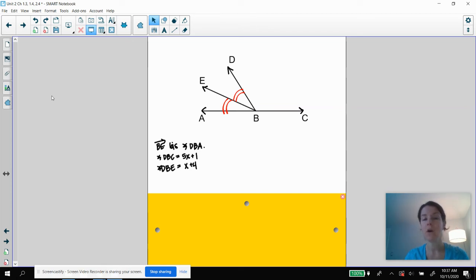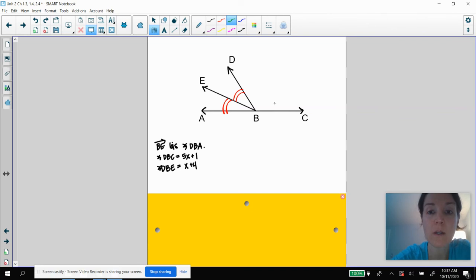Go ahead and solve for x here. Now you've got to be careful. We're back, and you got to be careful here. You don't just want to set 5x plus 1 equal to x plus 4. So watch here. We know that DBC, this whole angle here, is 5x plus 1. And all I know is that that angle plus angle DBA add up to 180, right?